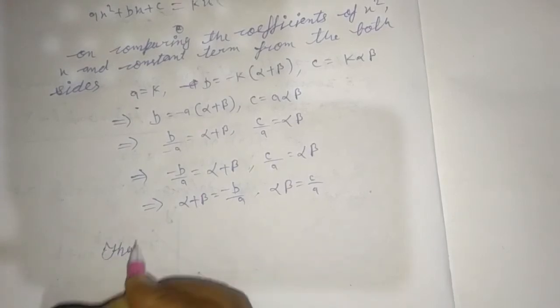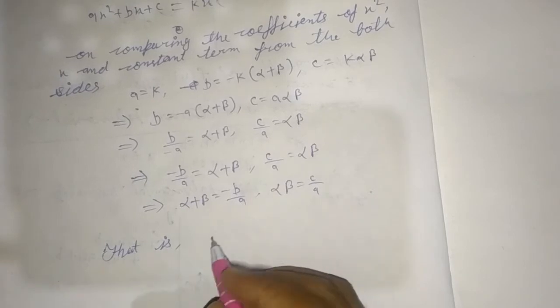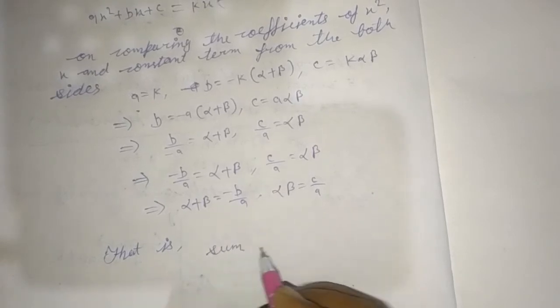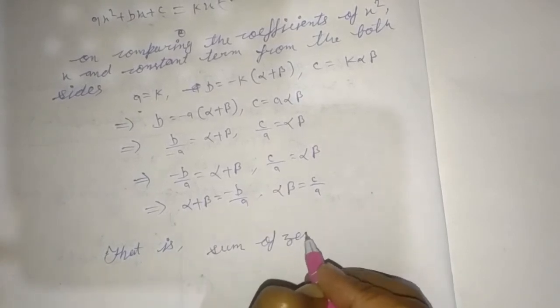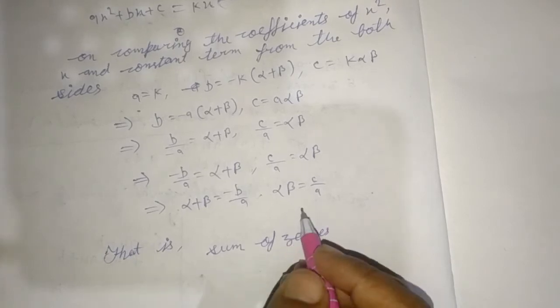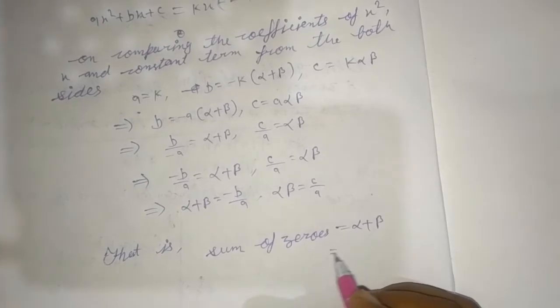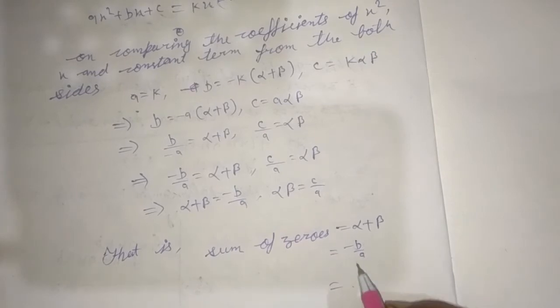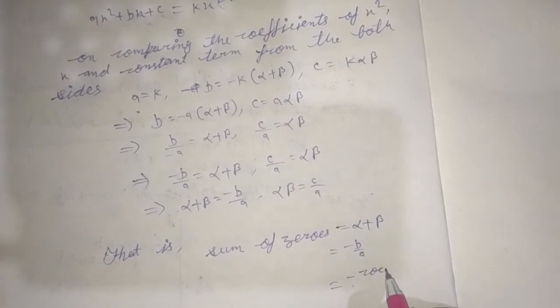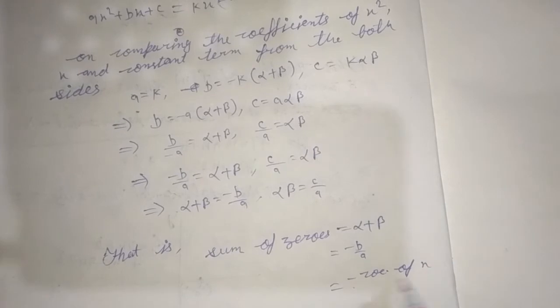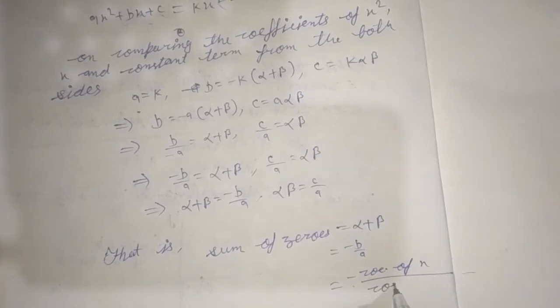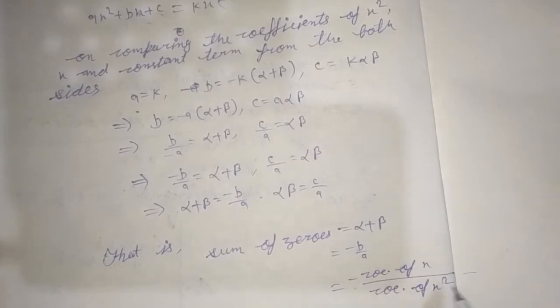That is, the sum of zeros, alpha plus beta, is equal to minus b upon a. What is b? The coefficient of x, upon a, the coefficient of x square.